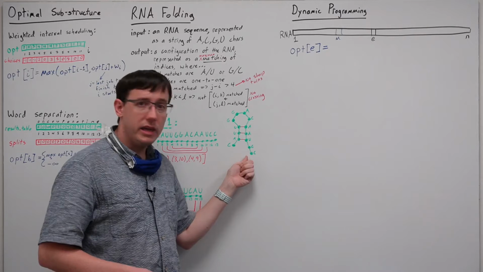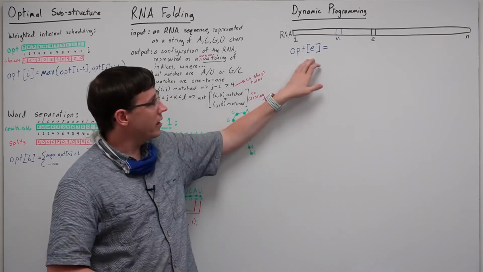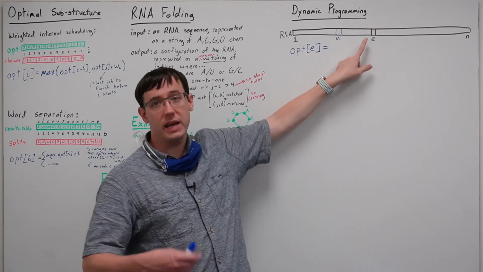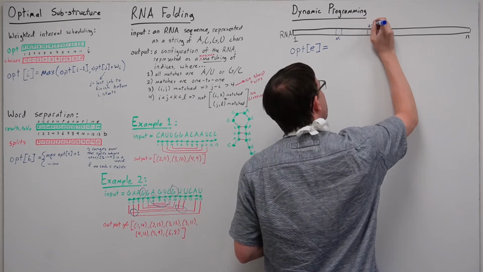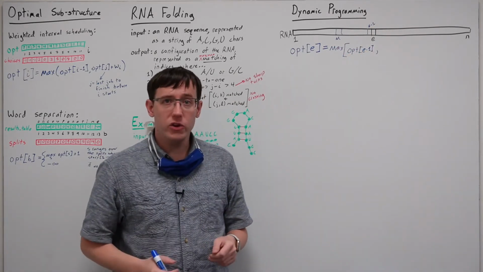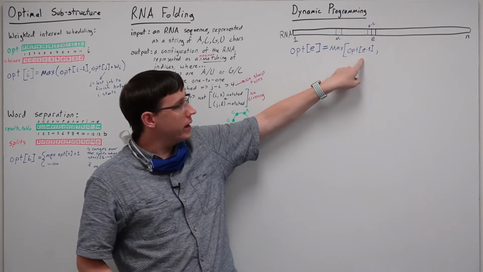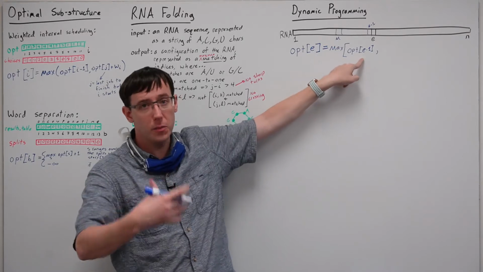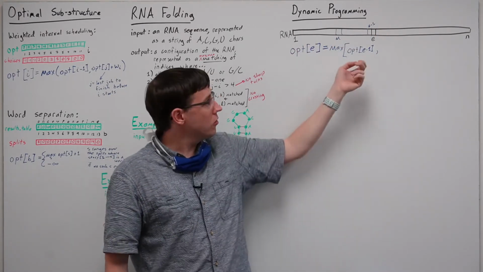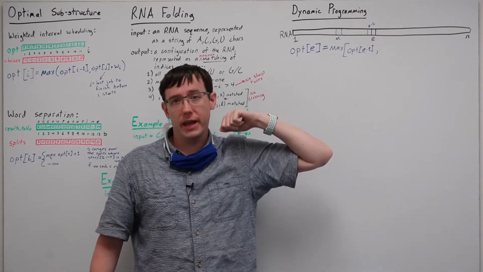In the case where e is unpaired, then the optimal value at e would be the same as the optimal value at e minus 1. So one of the possibilities we should consider is that the best we can do is just to take the number of pairs up through the previous base, and if that's larger than any of the other options we consider, that will still be optimal at e.